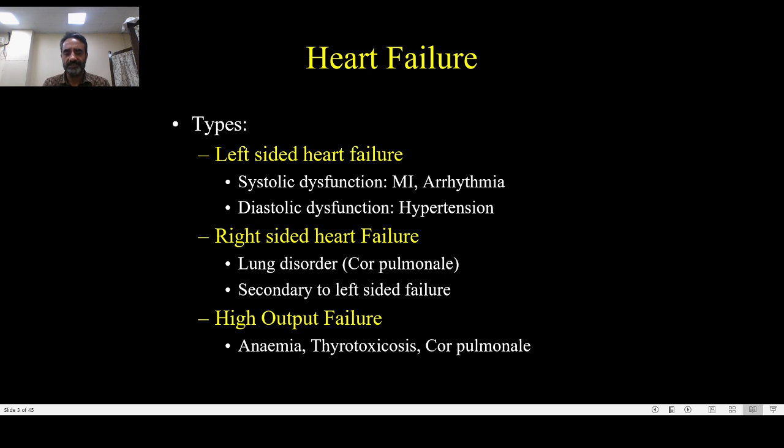So whatever the reason, ultimately left-sided heart failure does occur, whatever be the initial reasons for that. Left-sided heart failure, when it is there, is called congestive heart failure, because that leads to the symptoms of congestion, which we will be discussing.